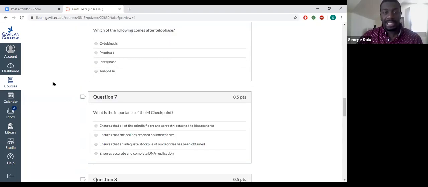Okay, question 6. Which of the following comes after telophase? Cytokinesis, prophase, interphase, or anaphase. Cytokinesis, right. Someone tell me what happens during cytokinesis? Right, yes, you got it.